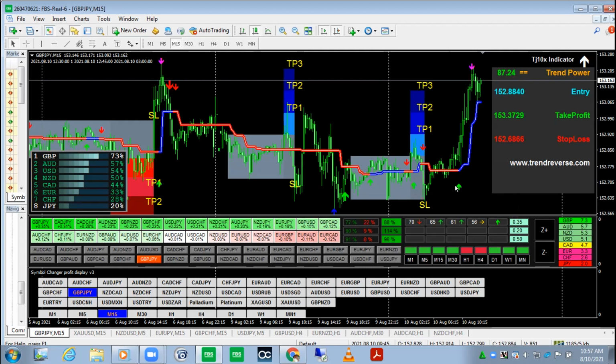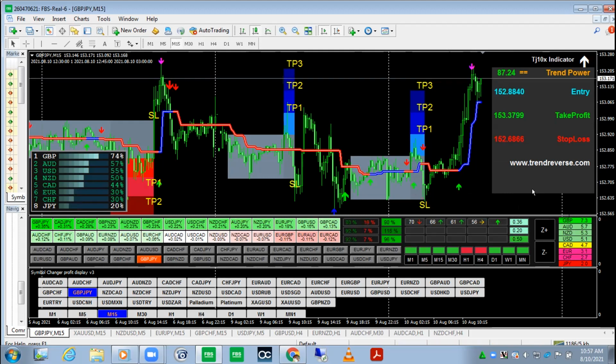Now, okay. This CSM is telling us that Pound JPY is on the bullish trend. Now, this TJ10 signal is confirming to us that we should start our trade here, pick it here. Do you understand? When it told you to pick your trade here, at this point that trade was picked.